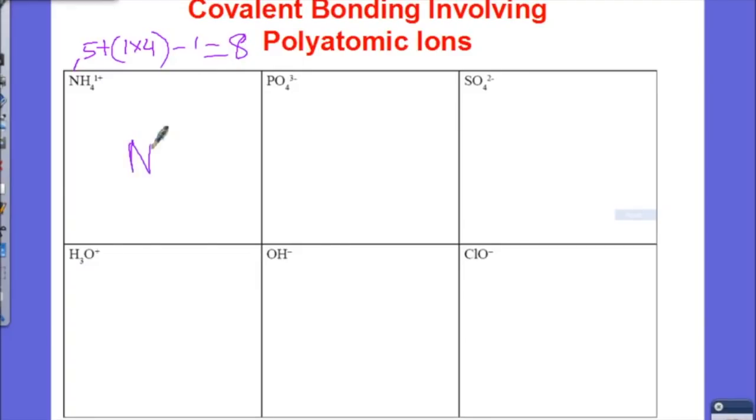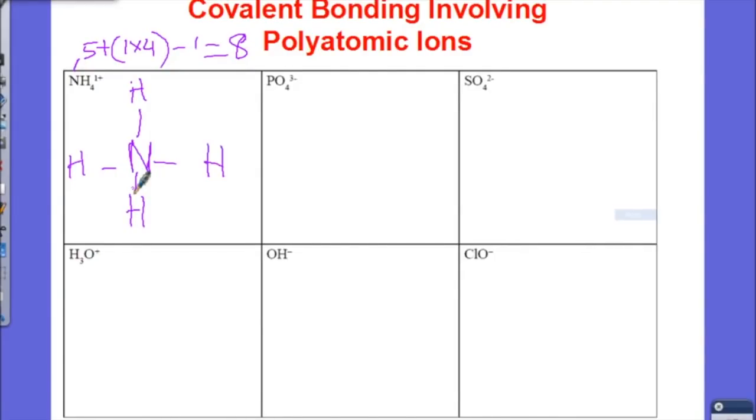So we have nitrogen, and then we have our hydrogen. We put them as far from each other as possible, and we connect them with single bond. How many electrons have I used so far? 8. Is all the hydrogen stable? Is nitrogen stable? One more step.